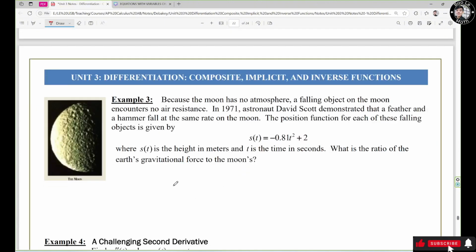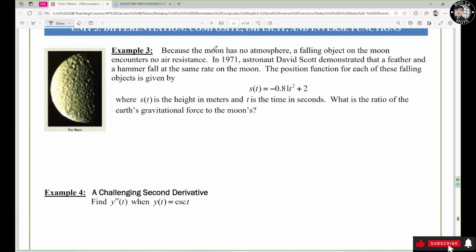Now let's move on to example number 3. Because the moon has no atmosphere, a falling object on the moon encounters no air resistance. In 1971, astronaut David Scott demonstrated that a feather and a hammer fall at the same rate on the moon.